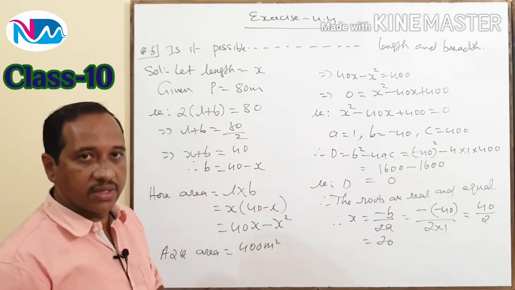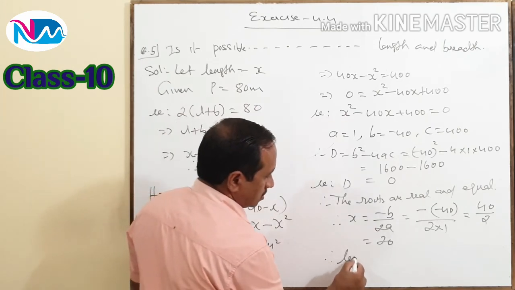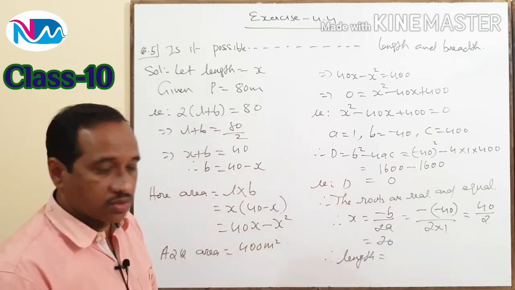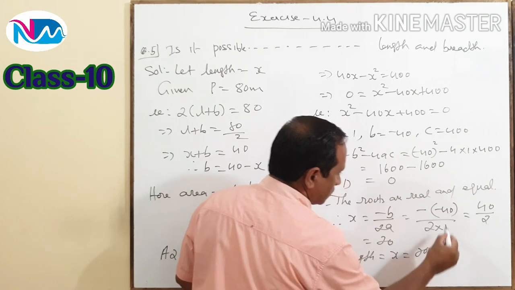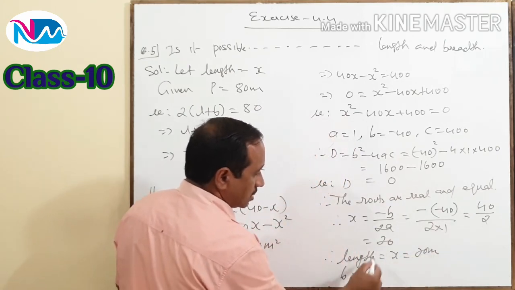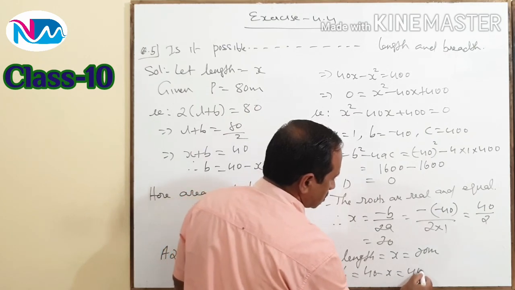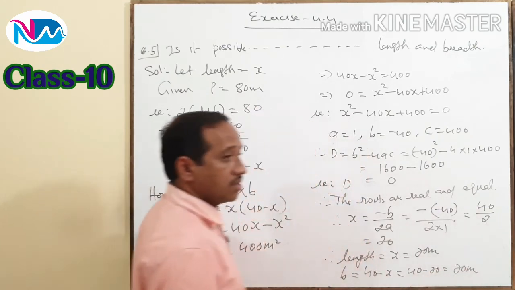X is equal to 20 means length is equal to x, which is equal to 20 meter, breadth is equal to 40 minus x, that's equal to 40 minus 20, that is also equal to 20 meter.